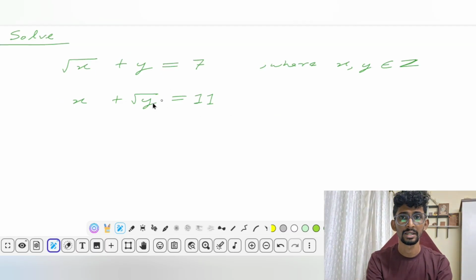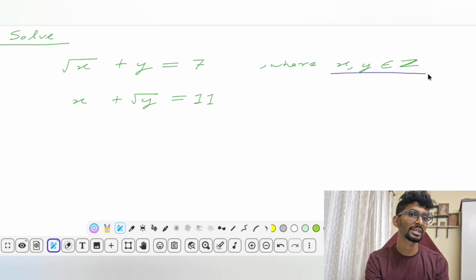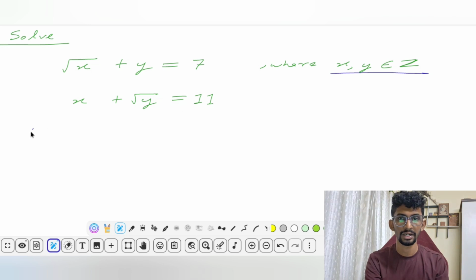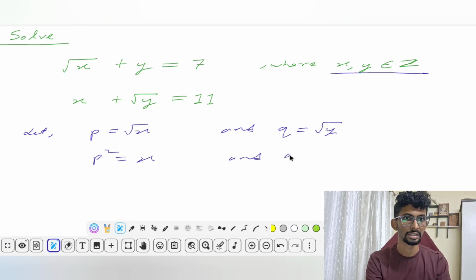Okay, let's start this. Now remember, we have to solve for x and y, where x and y are integers, as I have written here. So let's do one thing. Let us take p as root x and q as root y. If we do so, p is root x, so p square will be x and q square will be y.